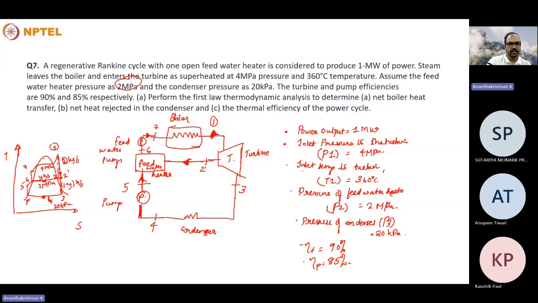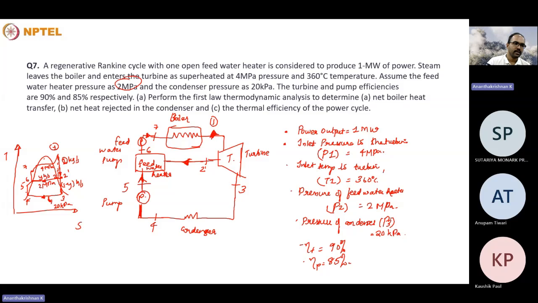So the network is the positive work minus negative work, the turbine work minus the pump work. Since the bleeding takes place in between the turbine expansion process, the actual work output will have two parts. One is before bleeding, the other after bleeding.